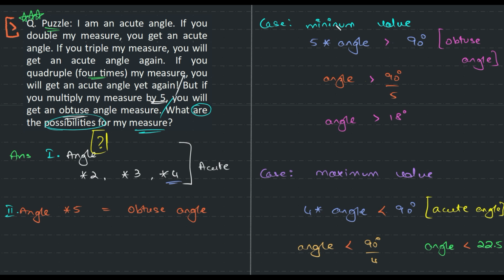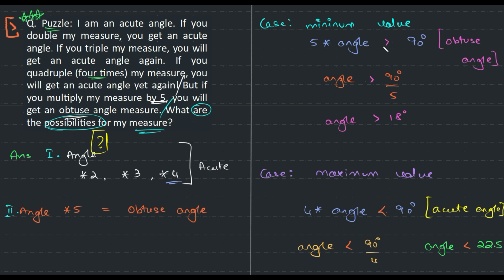Now, minimum value. For 5 times the angle to be greater than 90 degree, this has to be the minimum value. If I take any value less than this, like 15 degree we took, 5 times 15 will not give you more than 90. It is 75. Agree?